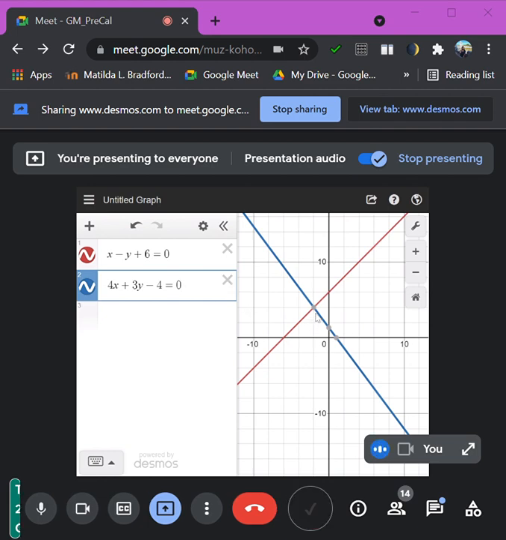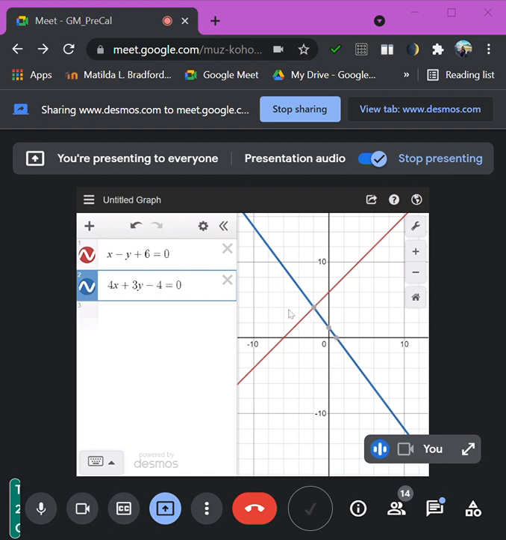Naa sila nag-meet sa negative 2 and 4, in which mauna siya itong nakita sa solution a while ago. Meaning to say, mag-meet na sila or naay way nga mag-meet silang duha. Kay system man sila, meaning to say, naay somehow nga common nilang duha.